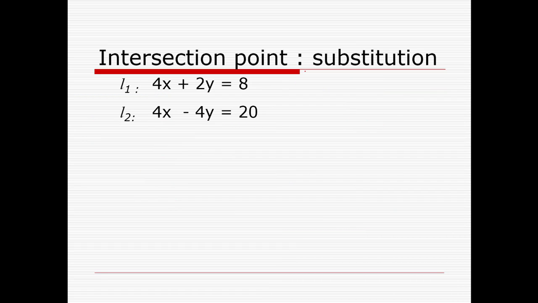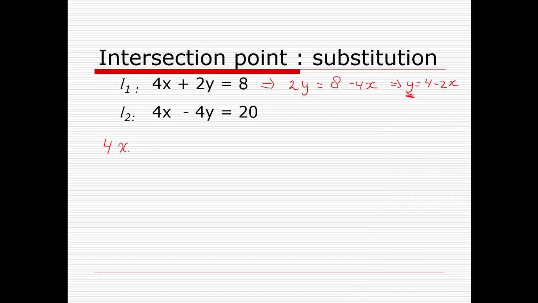Another method is the substitution method, where we substitute one of the variables with the help of the other. We take one of the lines, let's take L1, and represent one variable with the help of the other. Let's choose y. Then 2y becomes 8 minus 4x, so y is 4 minus 2x. Then we substitute this y in the other equation.